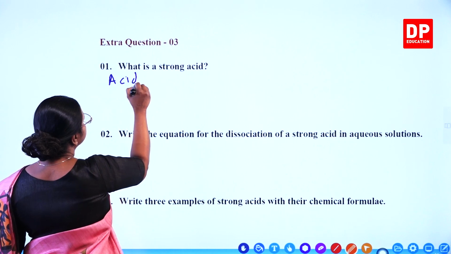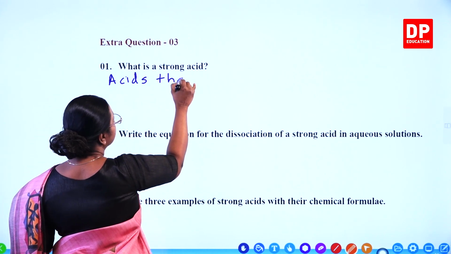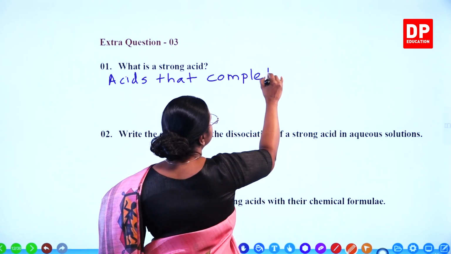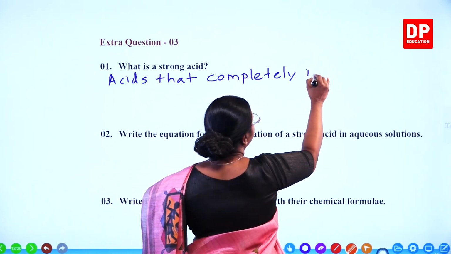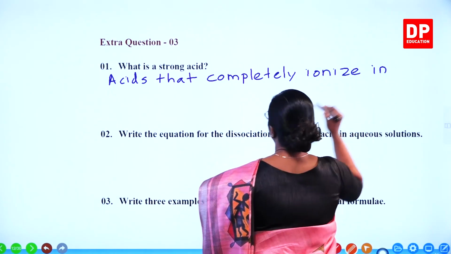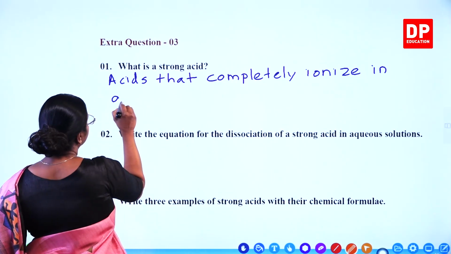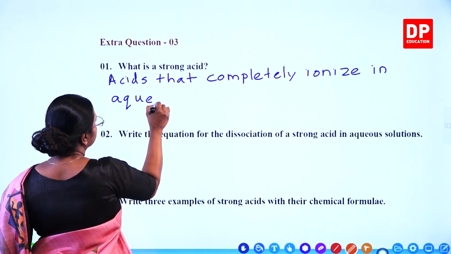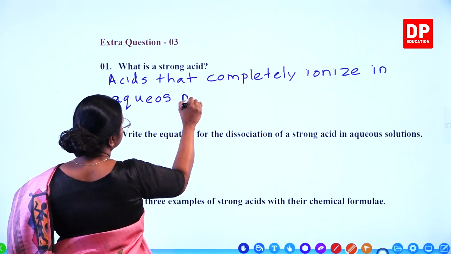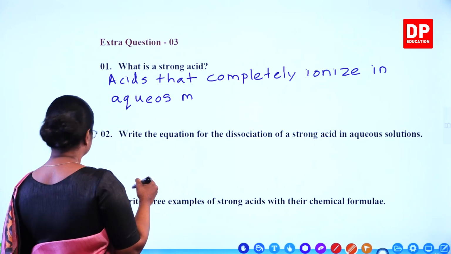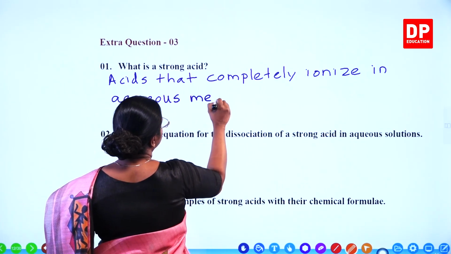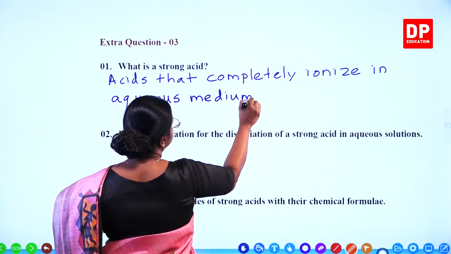Acids that completely ionize in aqueous medium.